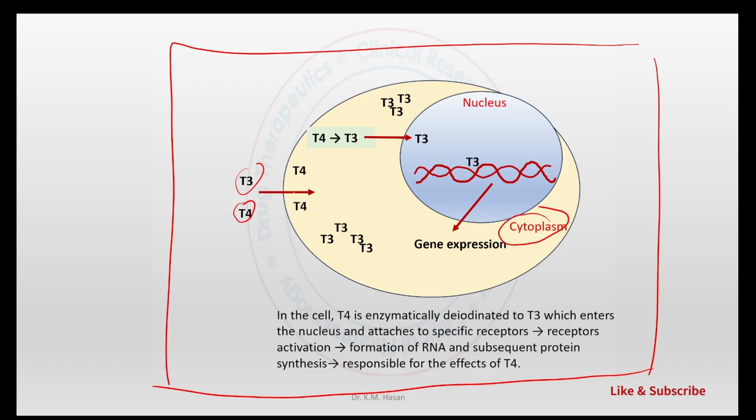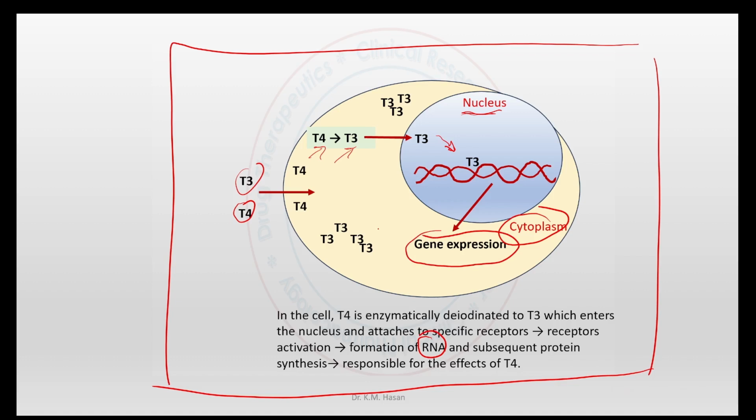In the cytoplasm we have T4, T3, but the active thyroid hormone will be T3. Therefore T4 will be converted to T3, and T3 will be able to enter the nucleus, and this T3 will exert its effect on the RNA and lead to gene expression.